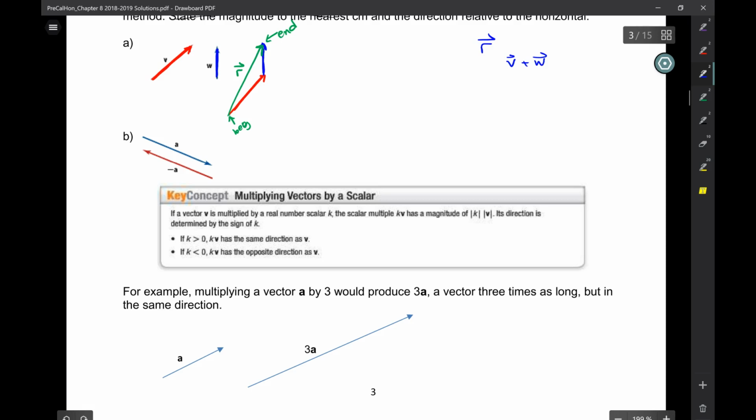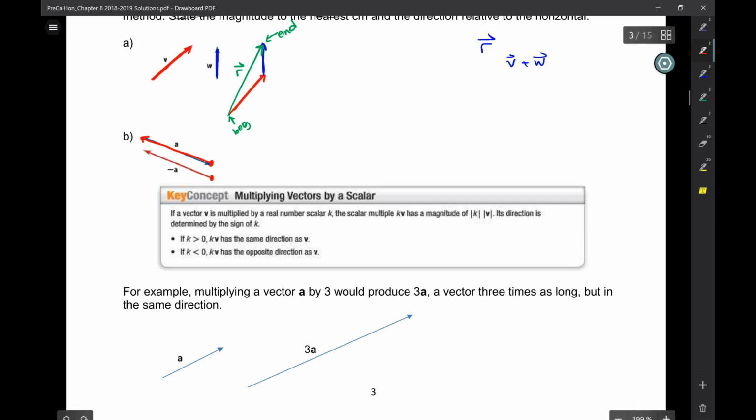Take a look at this one here. You have vector A here and then negative A here. So how is that going to look? Negative A, this is the terminal of this. I'm going to put the beginning of vector negative A here, and it's going to go this way. And where's the resultant?